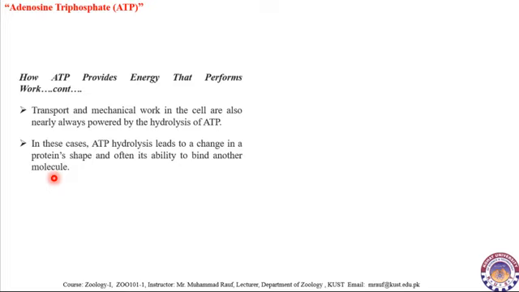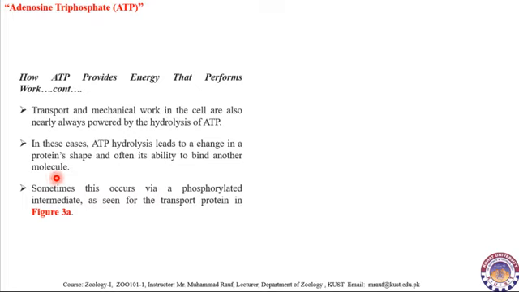So in the previous case, the ATP drives a chemical reaction by binding to one of the reactants and converting the stable reactant into an unstable form. So how does ATP drive transport and mechanical work? In this case, the hydrolysis of ATP changes the shape of a protein and its ability to bind another molecule.